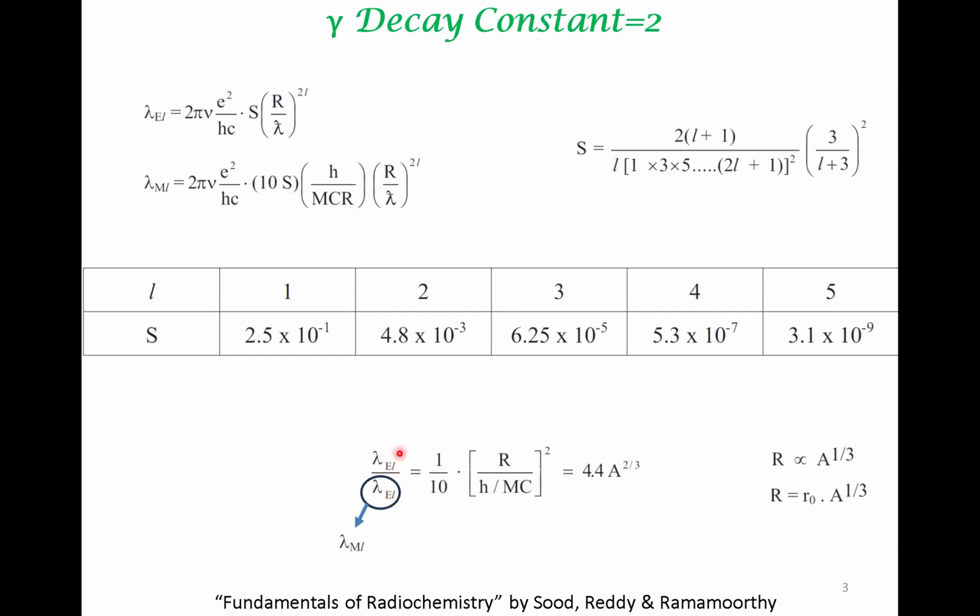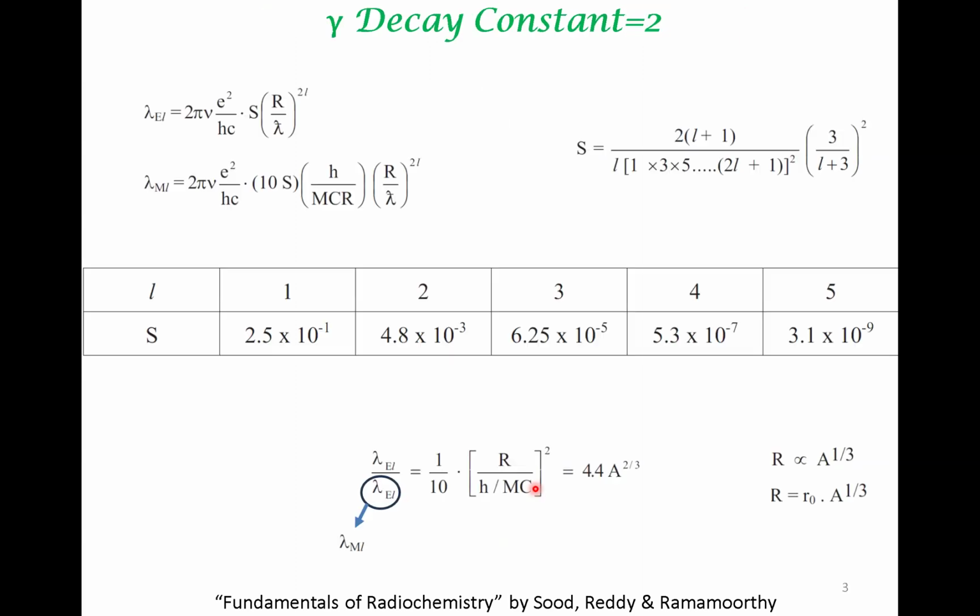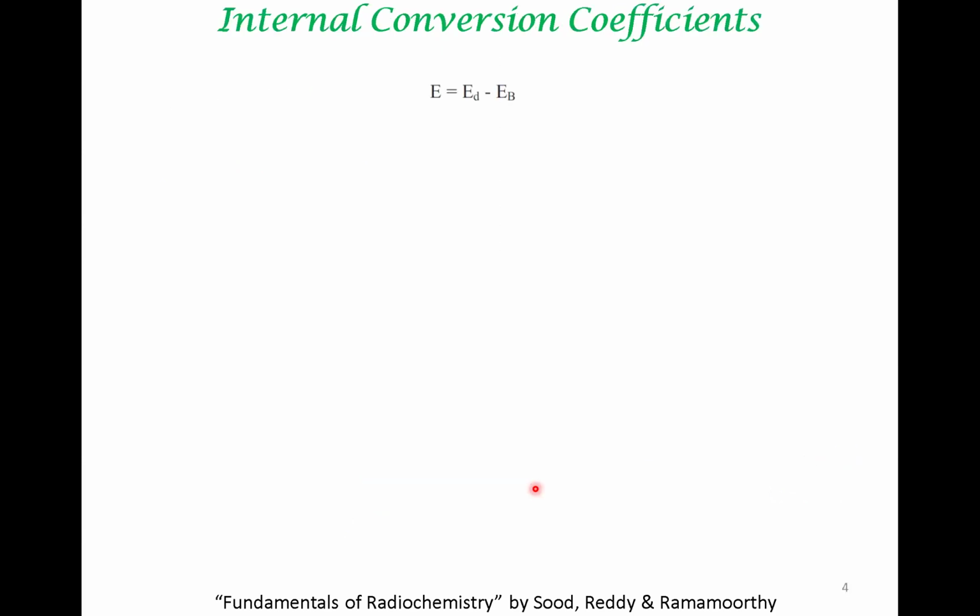So what you see is that electrical multipole radiation becomes increasingly possible as A increases. At least this is the functional relationship. It goes as this power. So there are a few other minor topics to wrap up. So this gives you the decay constant for gamma radiation.